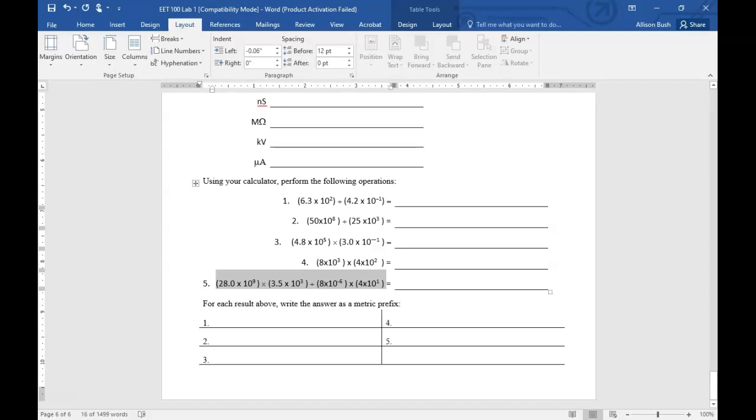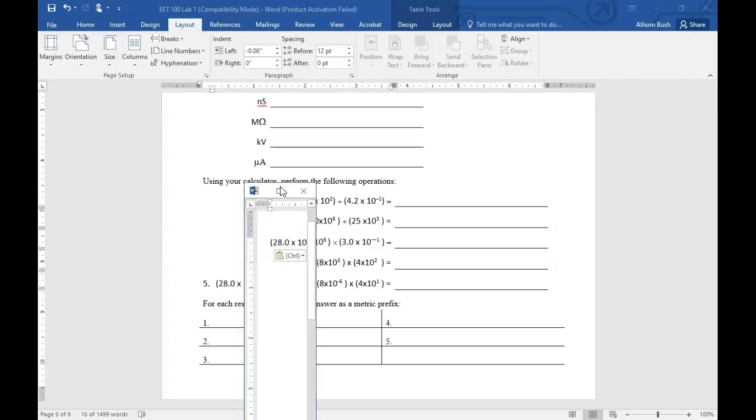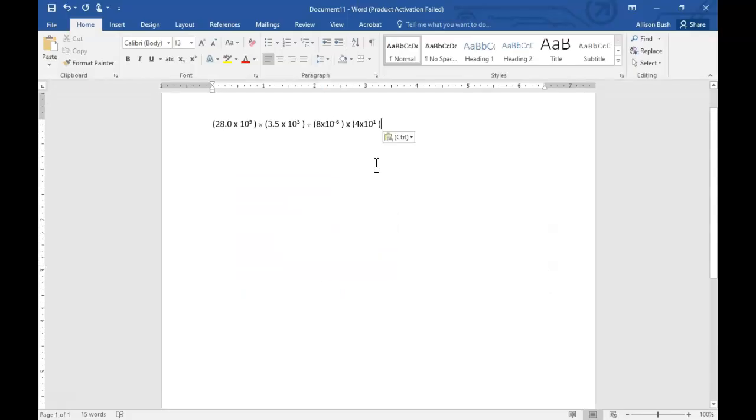Control C. Control V. Okay. So looking at this is going to be the fun thing.